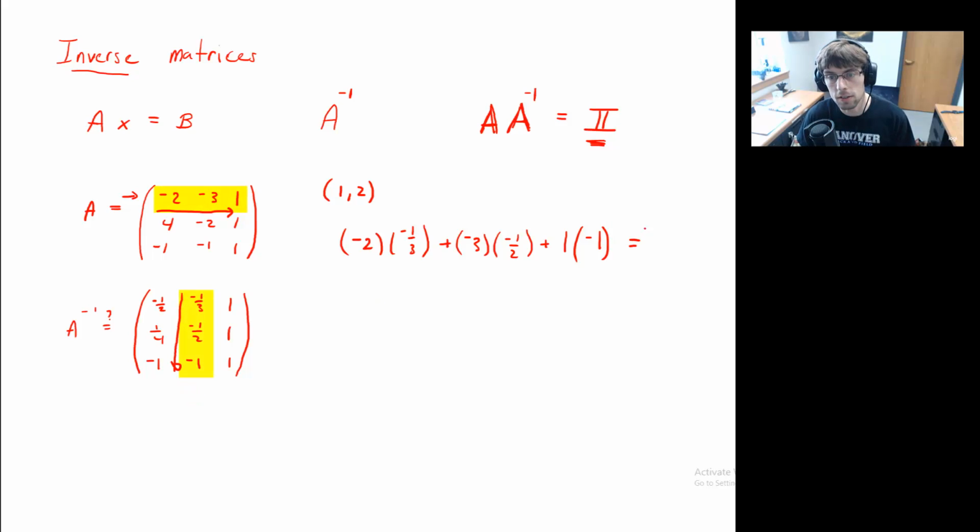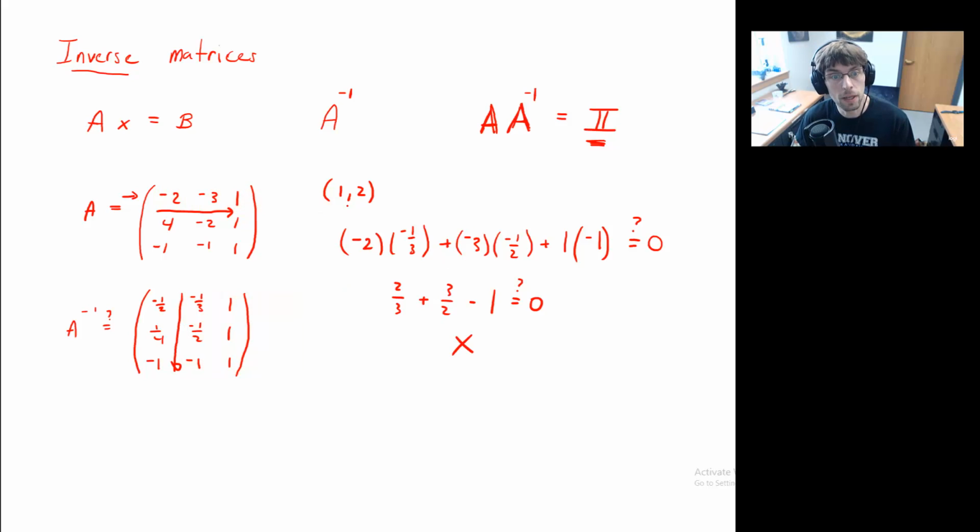And the question is, is this going to be equal to 0? Well, let's double check. We have 2/3 plus 3/2 minus 1, and that is not equal to 0. The answer is no, absolutely not. This does not work.